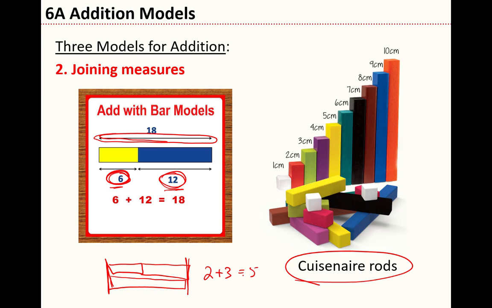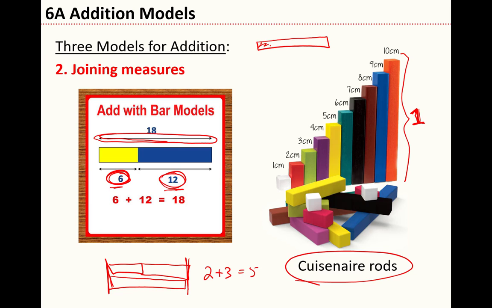Cuisenaire rods are really nice also for demonstrating addition with decimal points. Maybe I could take this rod that has length of 10 centimeters and maybe we define that as being 1, as being our unit. Then I could demonstrate something like 1.2.